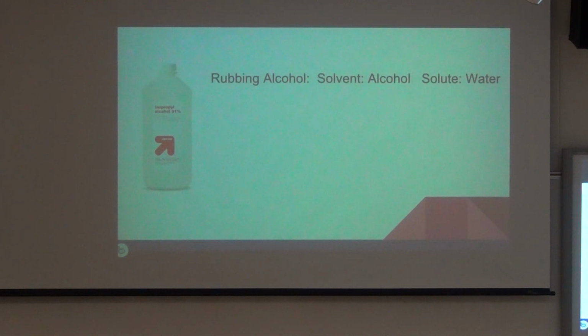But in this case, the two things that are mixed are water and alcohol. Most people automatically think, oh, well, if it's got water, water's the solvent. Not in this case. The alcohol makes up 91% of this mixture right here, this solution. 91% is alcohol, only 9% is water. So that makes our solvent the alcohol, the more abundant chemical that is your solvent.